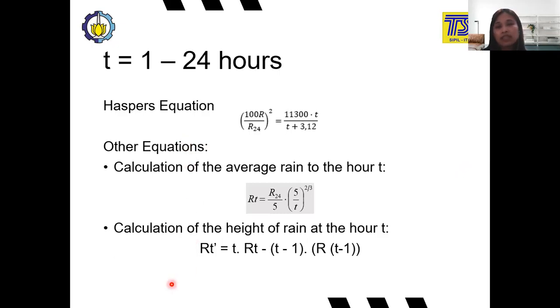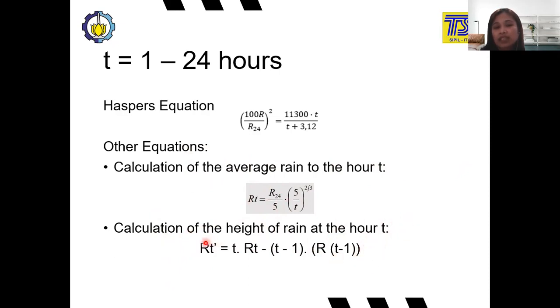We can calculate the average of the rainfall using this equation. Calculation of the average rain to the hour t, here RT, and then calculation of the height of the rain at the hour t.